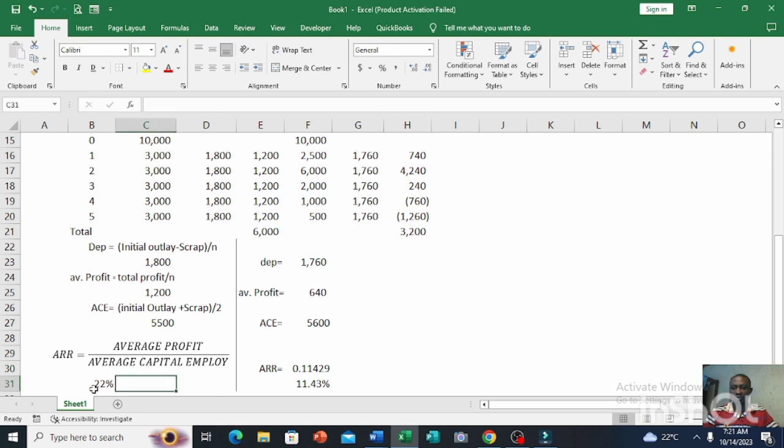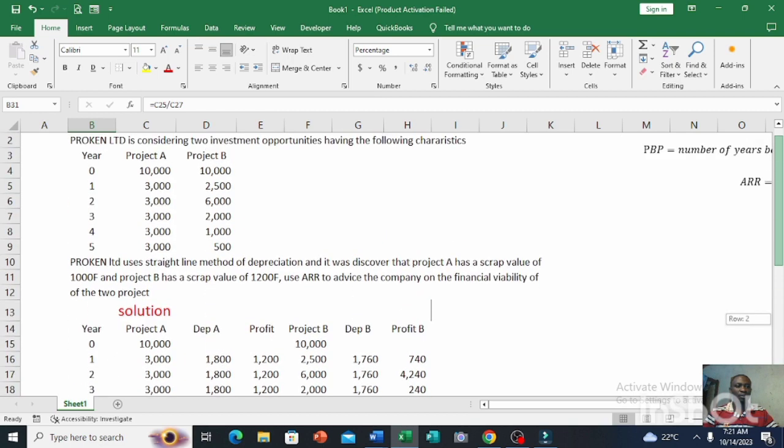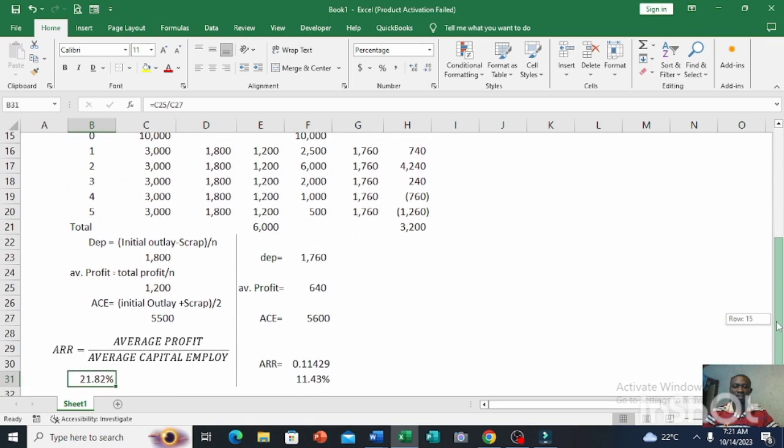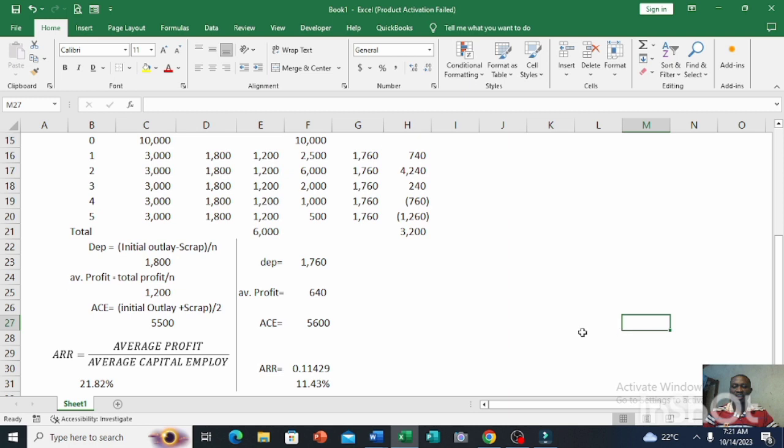This one was 21.70%, please. So to 2 decimal places, this is 21.82. This one is 11.43. So now with respect to the two projects, which one will you choose? Based on the ARR, which of the projects are you going to choose in order to invest in? One is having a return of 21.82% and another is having a return of 11.43%.